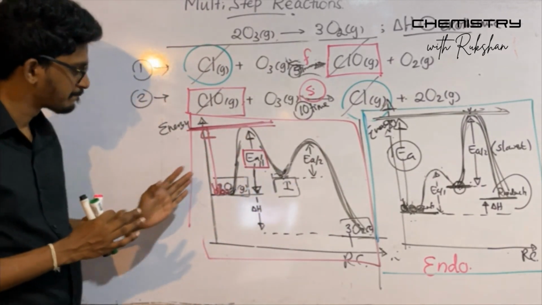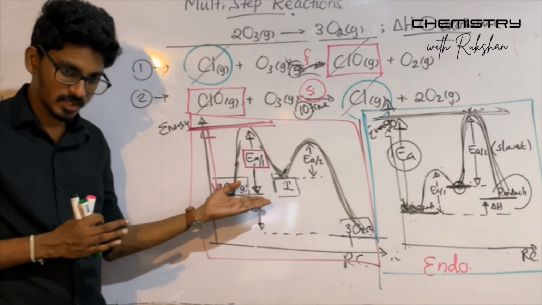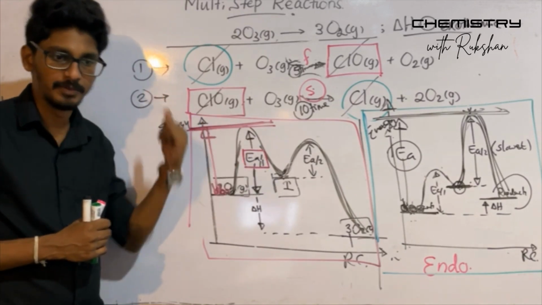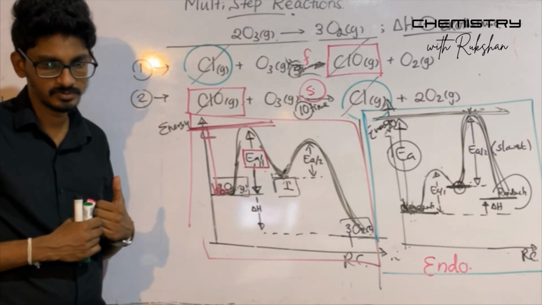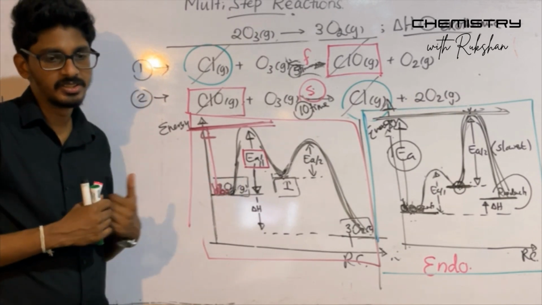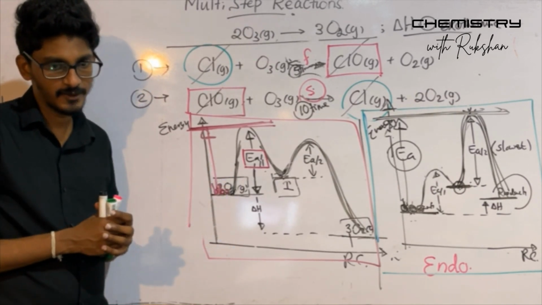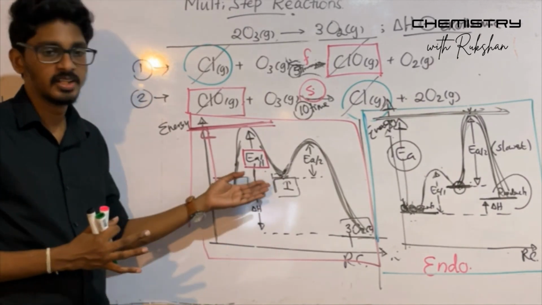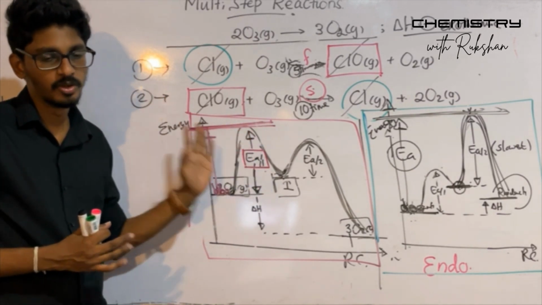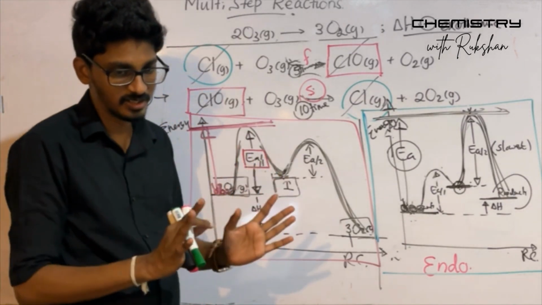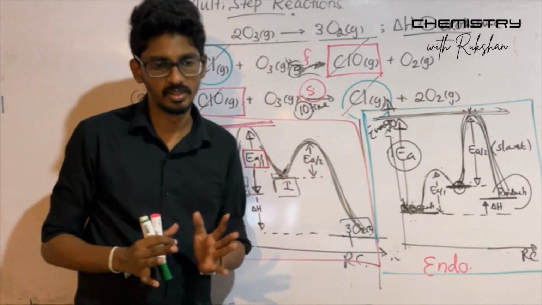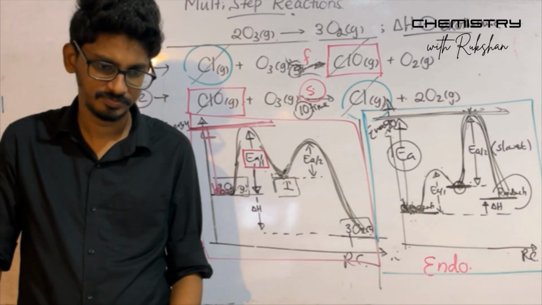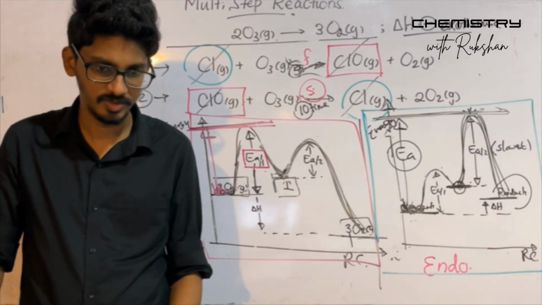But if the third step is your slow step, the activation energy of the overall process may equal the activation energy of the third step. May, right? Not definitely. It may or may not equal. Got the idea?